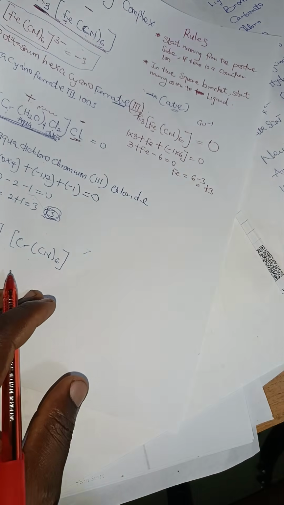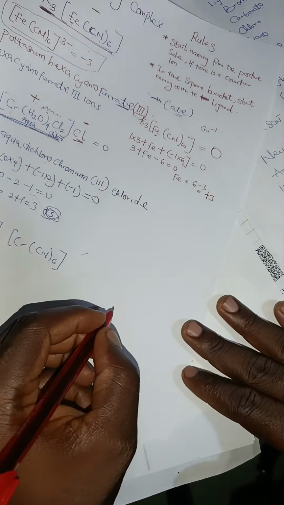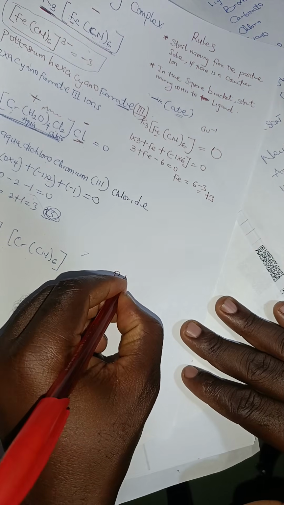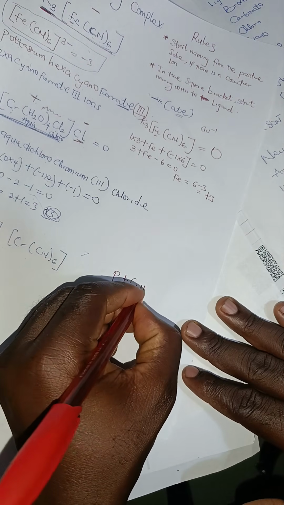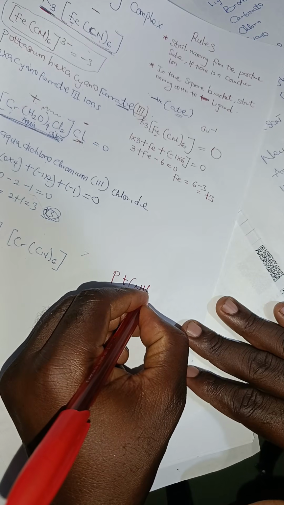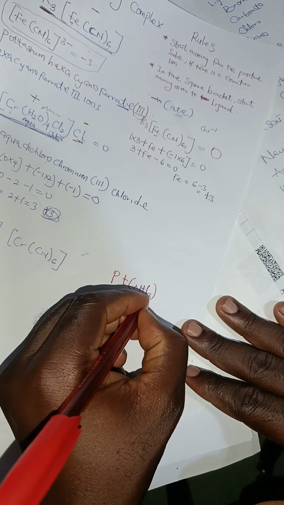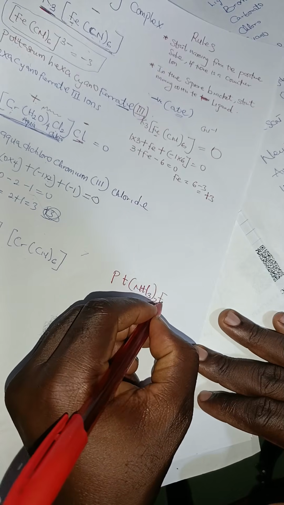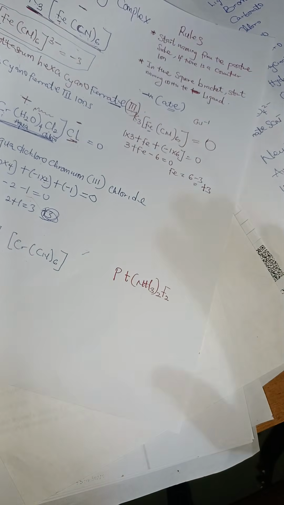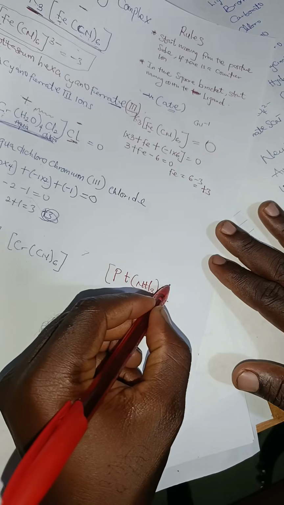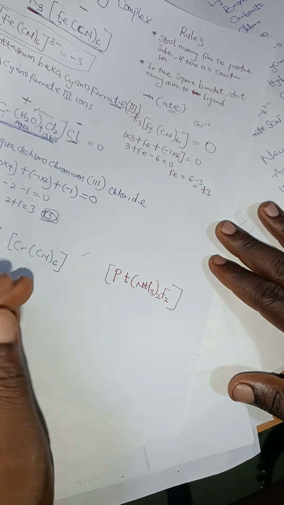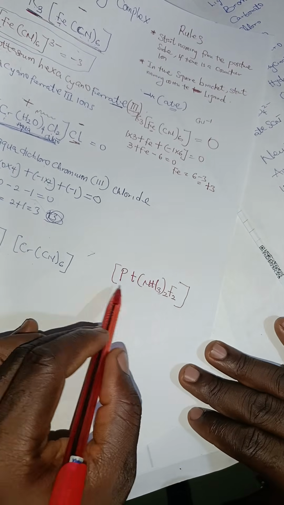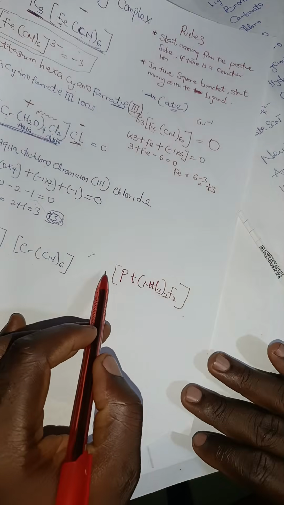Most times when the square bracket is neutral, for example, like this one, Pt(NH3)2F2. Now, this is one example. This compound is not an ion, it does not have a counter ion.